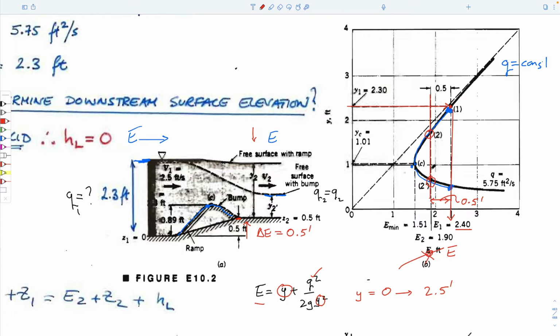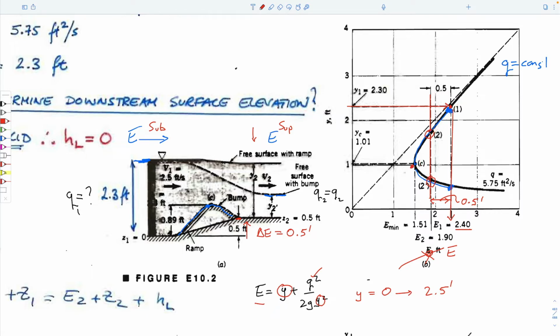And so we have to figure out which one of these we're at. And so the reality is that going from here to here, we have to go through this nose. And so that means that we have to go from subcritical to supercritical, which would be this one here, to get there. And we can't do that because it means that we've got to have gone through this particular point here, because we can only go down this line and across to this point.